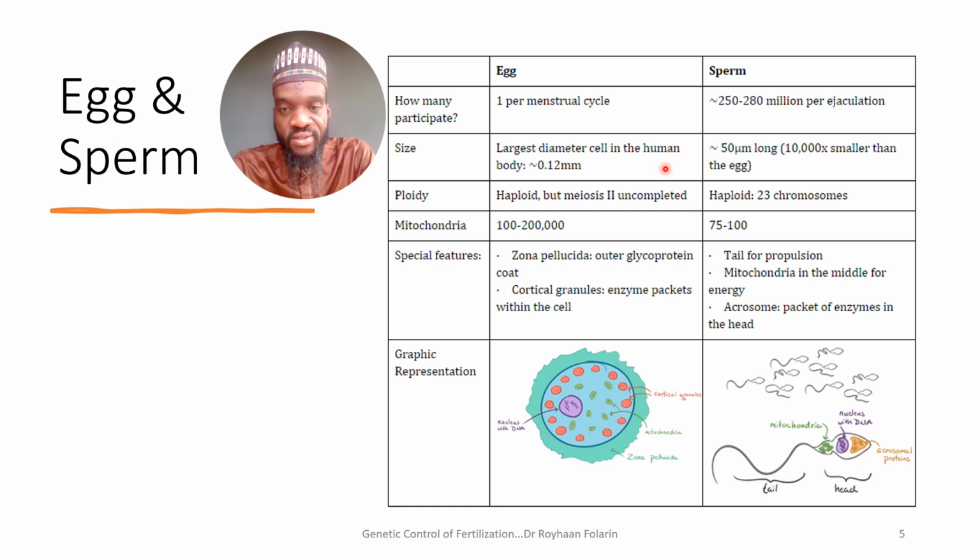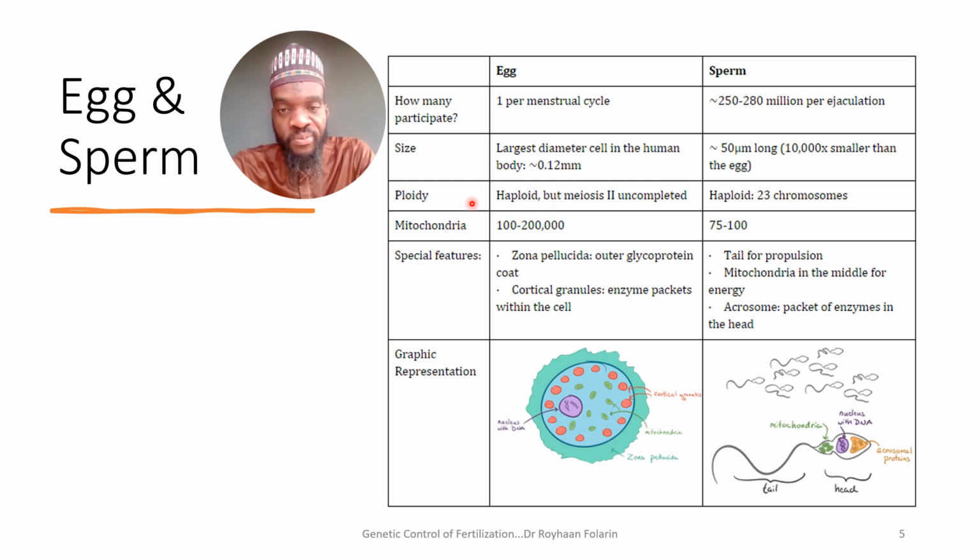In terms of size, the largest diameter cell in the human body is the egg, approximately 0.12 millimeters. Unlike the egg, the sperm is approximately 50 micrometers long, and that is 10,000 times smaller than the egg.